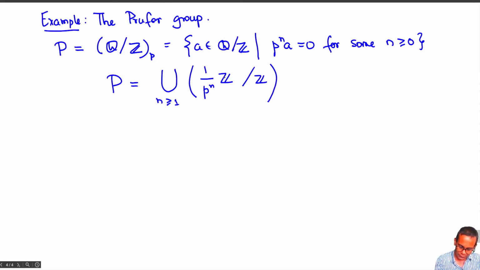And this group 1 over P to the n Z mod Z is, of course, just isomorphic to Z mod P to the n Z, just scaling everything up by a factor of P to the n.